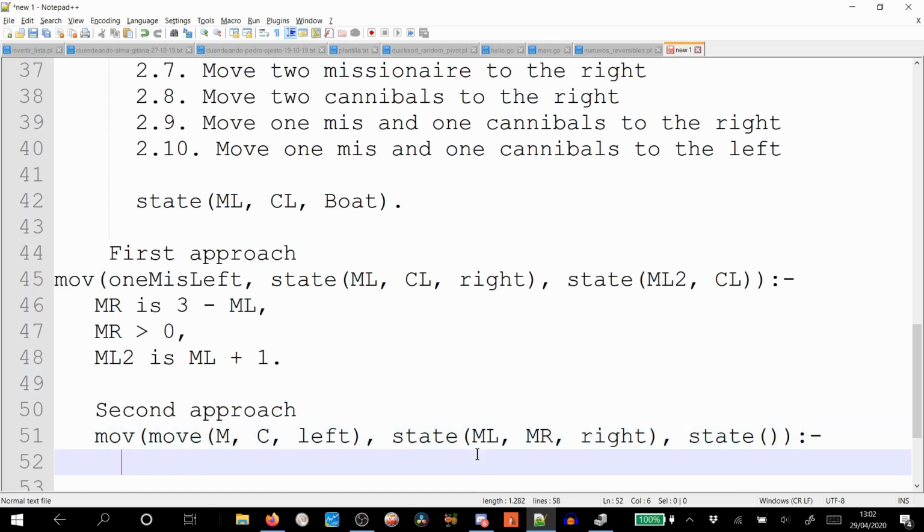What will be the state after the movement? We can calculate. It's possible.